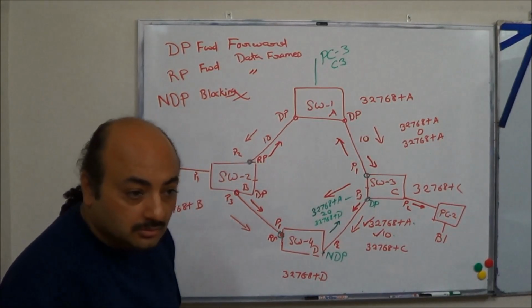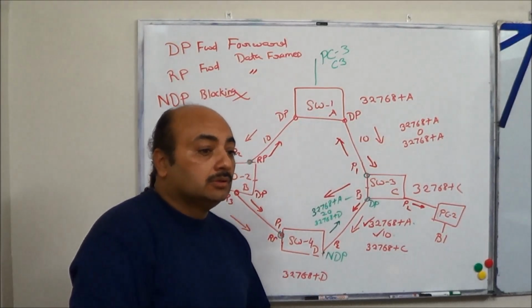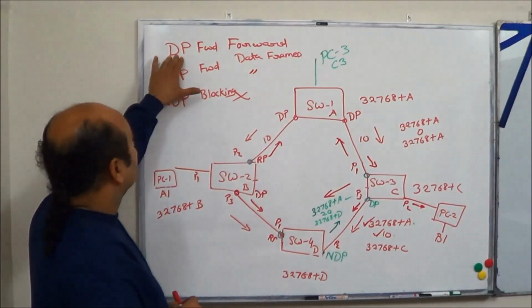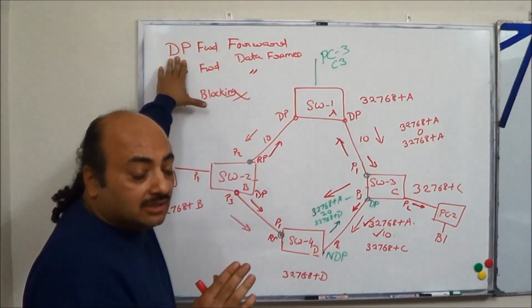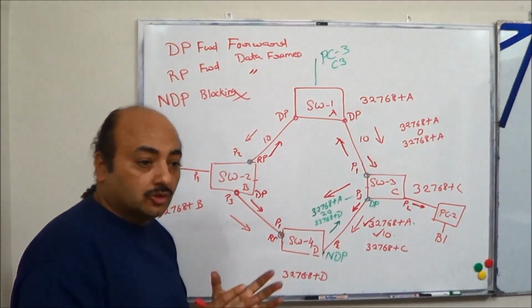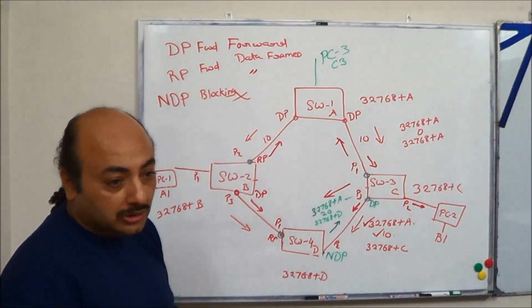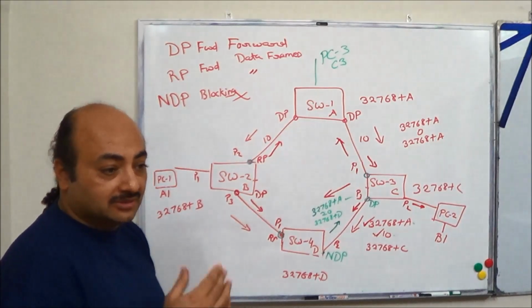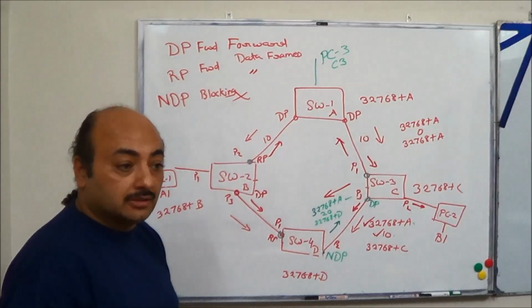Forwarding state. So let me clarify something. Forgetting about STP, not talking about spanning tree protocol, while learning the switch we had learned four terms: learning, forwarding, filtering and flooding.